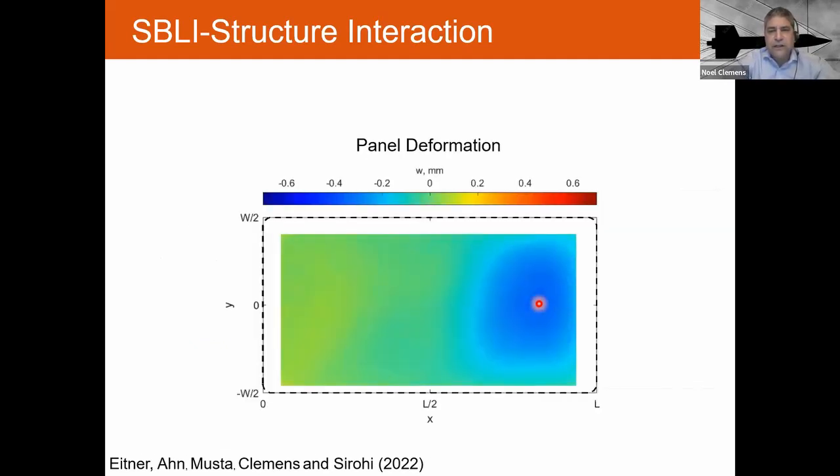When we look at the response of the panel, this is the panel deformation, and you can see it has this wild response. It turns out there are some very clear vibrational modes that we can identify, but you can see these are large excursions of the panel displacement, and it will lead to fatigue, especially as things get hotter and weaker.